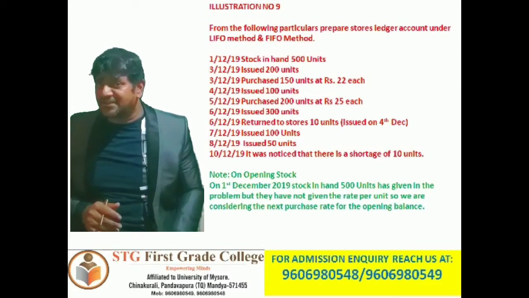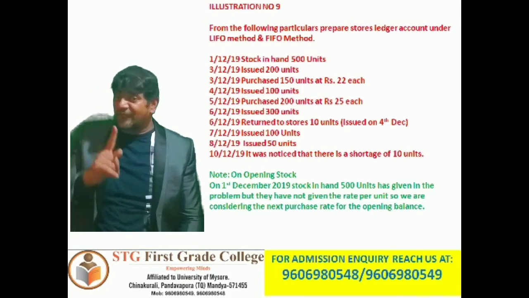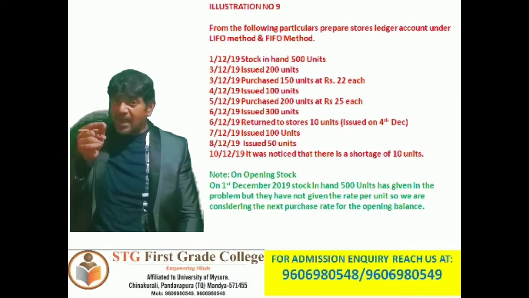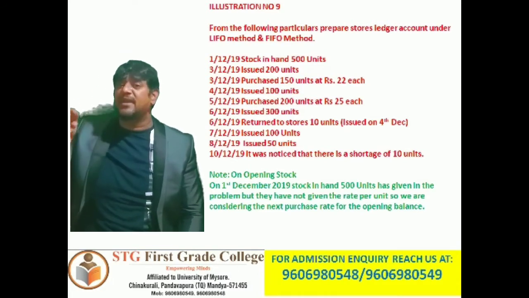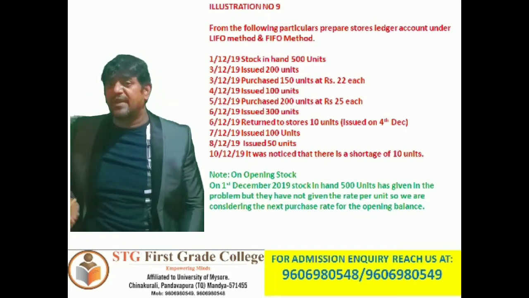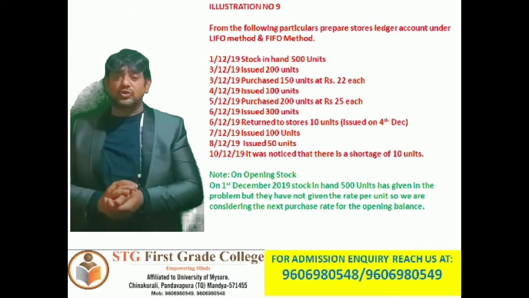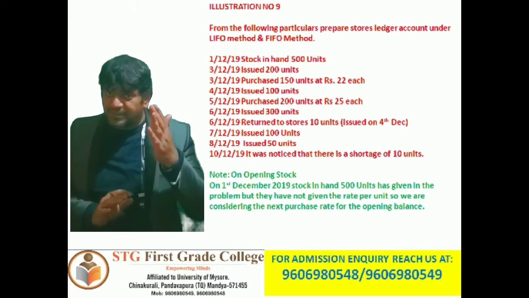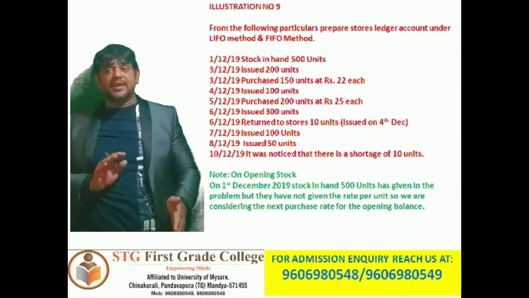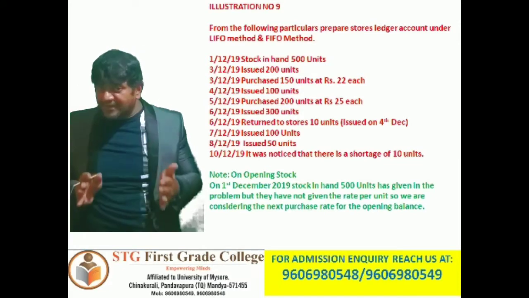See, he has given the date, issued on 4th December. So from the stores we issued the materials to the department on 4th December, and that has returned to the stores. So the 10 units should be shown under receipts, clear, under receipts.